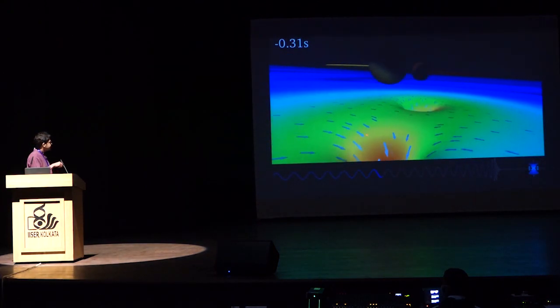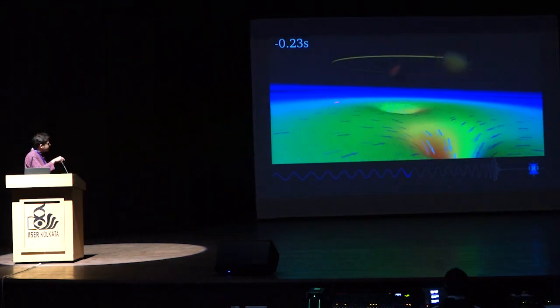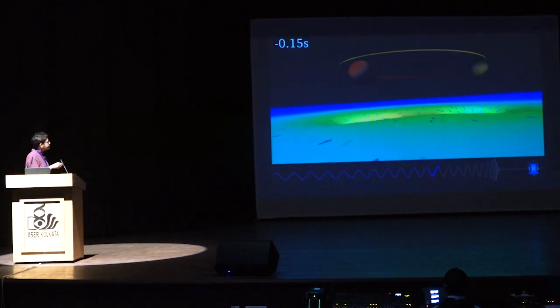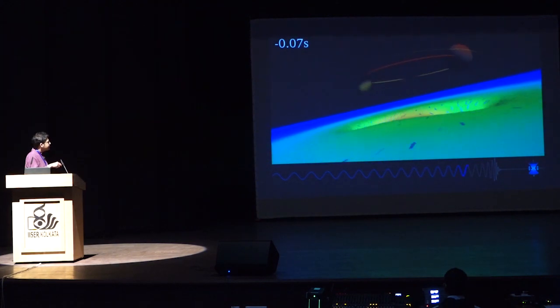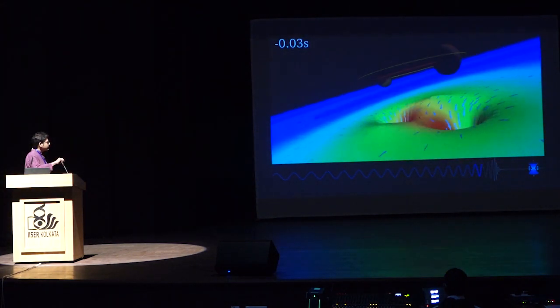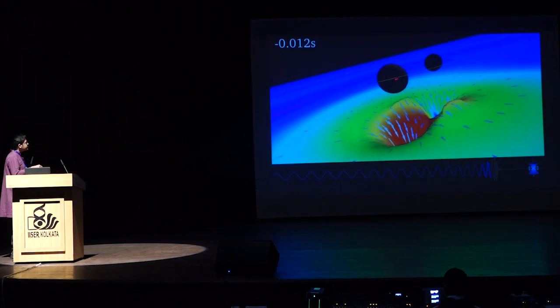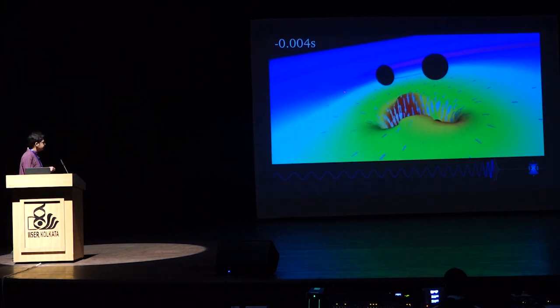So you can see the curvature is maximum near the two black holes. And you can also see the plane of the orbit changing in orientation. And that is because of the intrinsic spins of these black holes coupling with the orbital angular momentum to give rise to a precession of this orbital plane. And the movie slows down as we come to the final few milliseconds before merger.